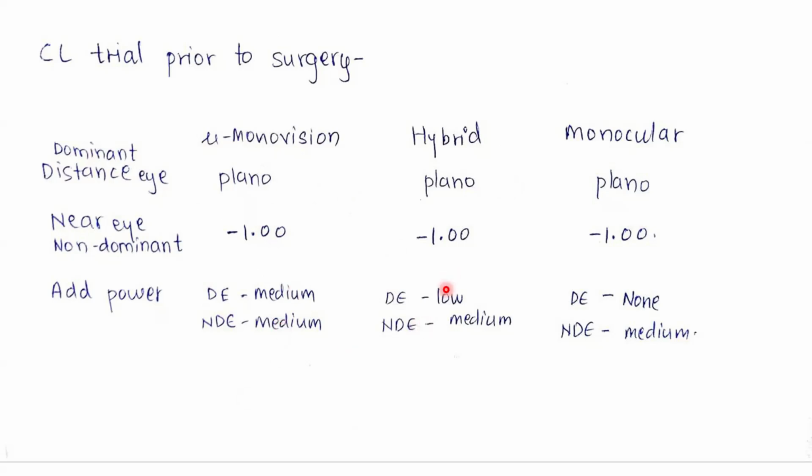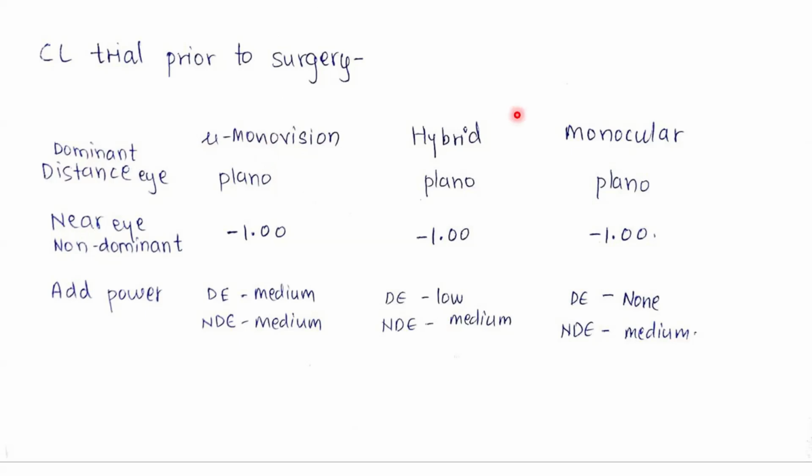In hybrid, for the distance eye we will give low add power and for the non-distance eye medium add power. In the monocular, for the distance eye we will give no addition, and for the non-dominant eye we will give medium addition. At this juncture, I would request Mr. Biman Das to also give his inputs as to how we are doing the multifocal contact lens trial. Biman sir, please, if you can help us out.